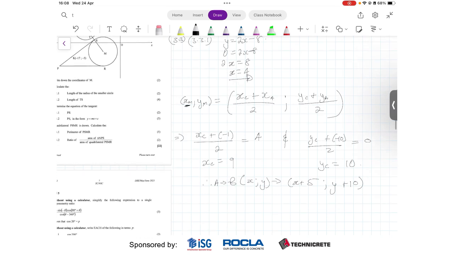And then from B to C, we see that 4 and 0 give us 4 plus 5, because this is the point that we are substituting in order to find what our final point will be.